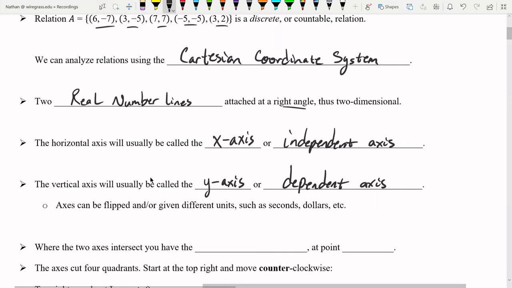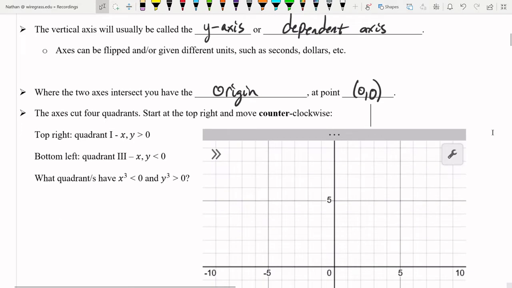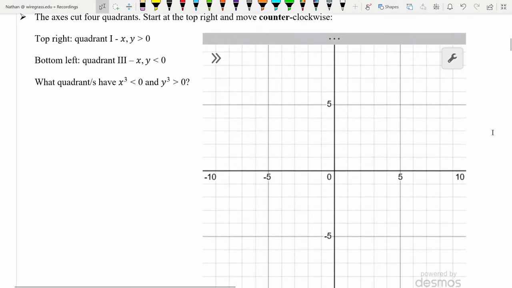Now, where the two axes intersect, you have the origin at point (0, 0). This is kind of a starting place of the entire coordinate system, and it's an important point to always keep in mind where it's at. With these two axes, we create this Cartesian coordinate system.